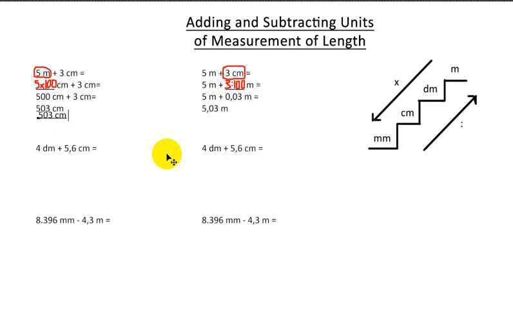503 centimeters is the same as 5.03 meters. And if you're wondering why, let's say I gave you 503 centimeters and I asked you to turn this into meters, okay? What would you need to do?